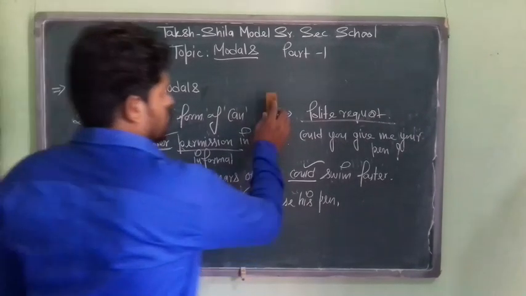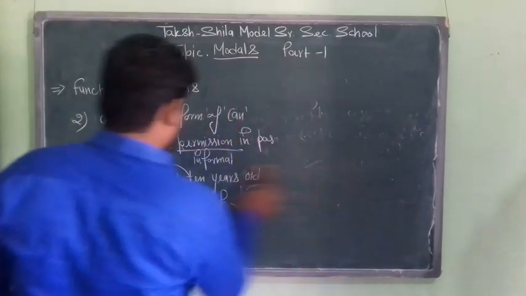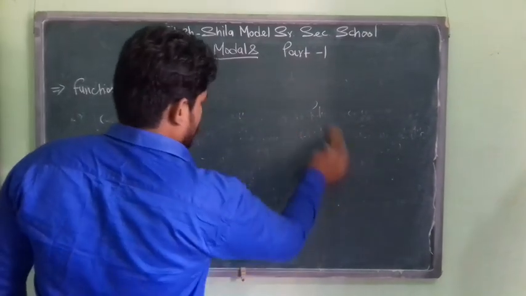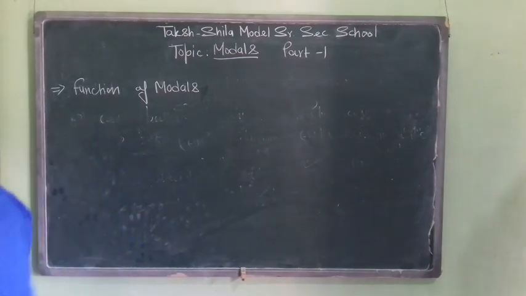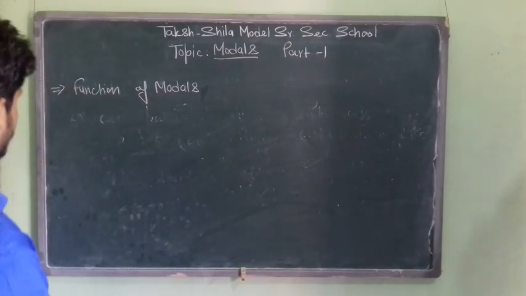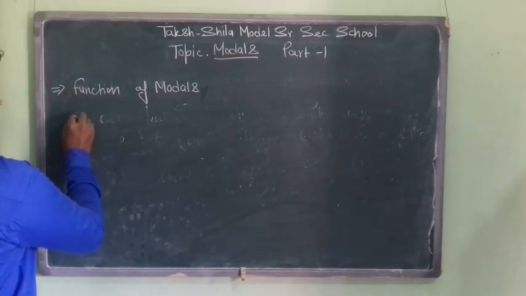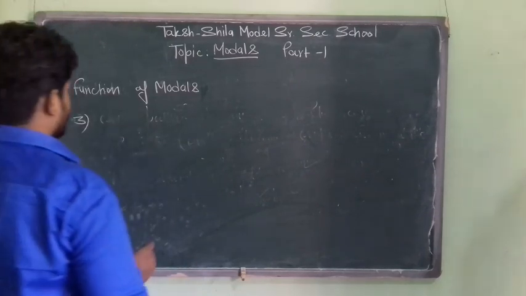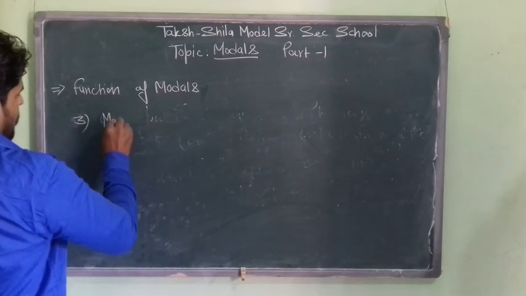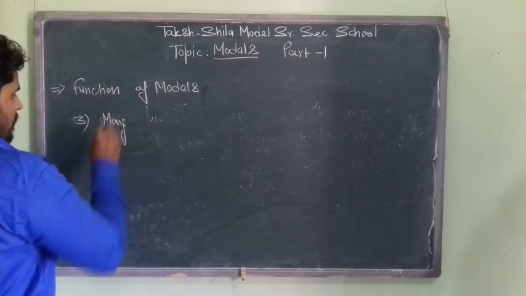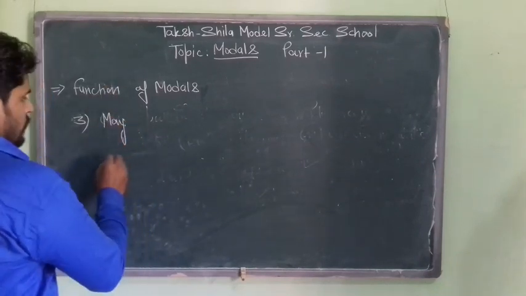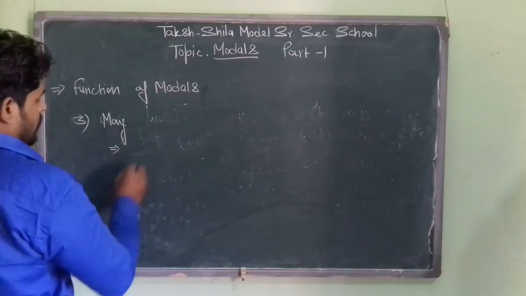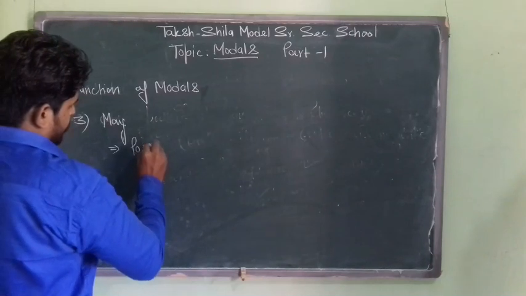Now let us move on to the next modal auxiliary verb. The third one we have is may. May is used to express what? It expresses first possibility.